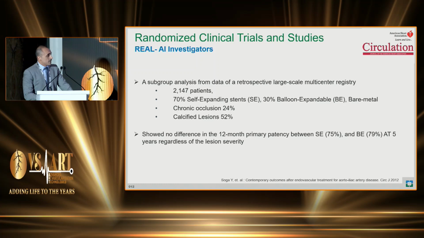The Real AI investigators looked at the outcomes after endovascular treatment for aortoiliac disease, and in a subgroup analysis of 2,200 patients, they showed no difference between the self-expanding and the balloon-expanding stents.